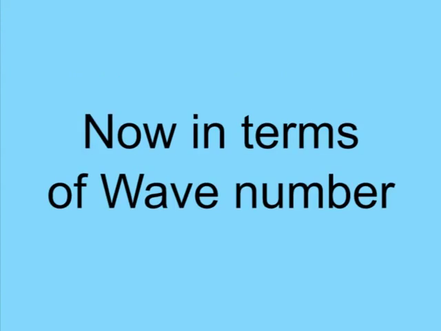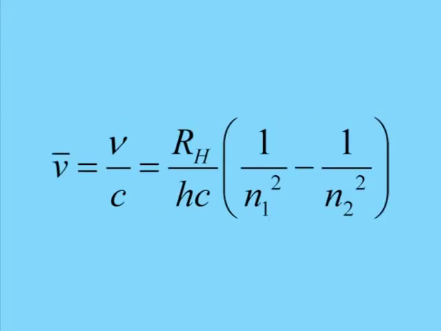Now in terms of wave number, that is nu bar, nu bar is equal to nu upon c. Here c is the velocity of light. This further is equal to RH upon hc into 1 upon n1 square minus 1 upon n2 square.